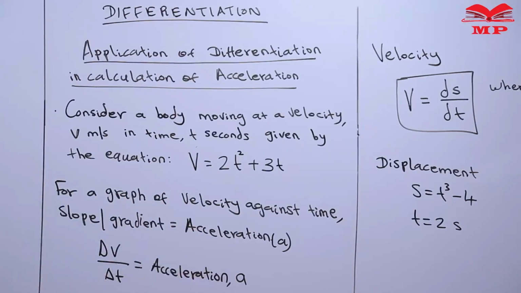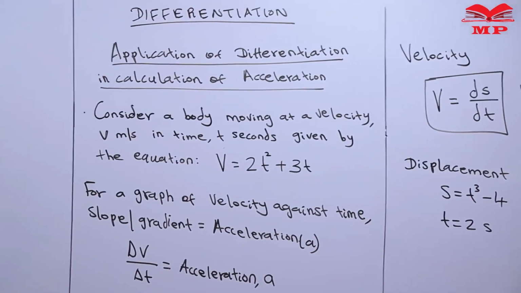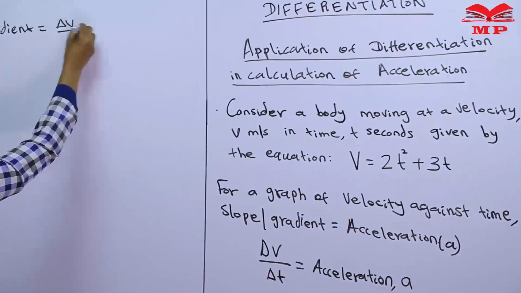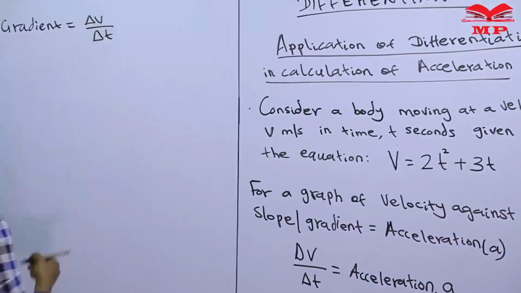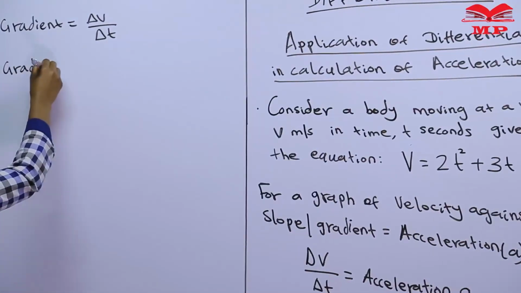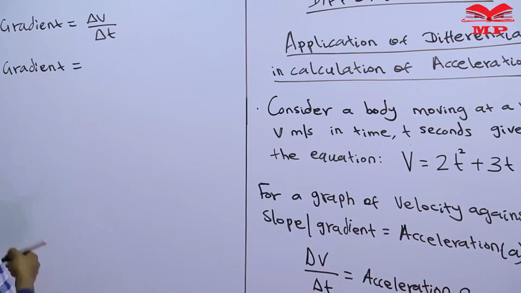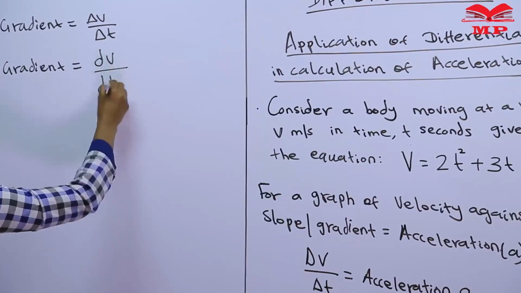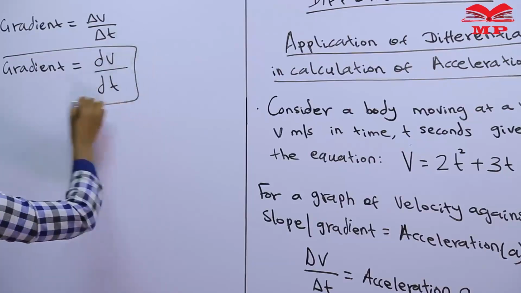And the gradient is given by the change in velocity all over the change in time, which again, from our equation can be given by dv all over dt, because this is the gradient function.